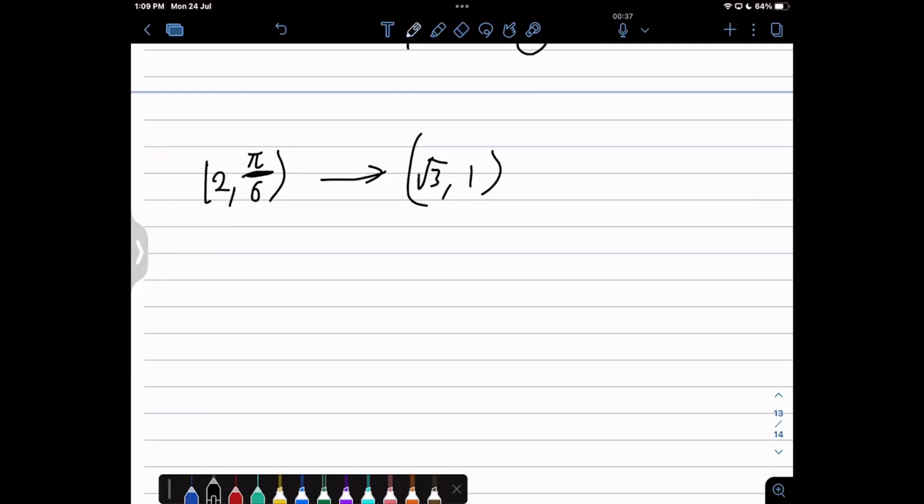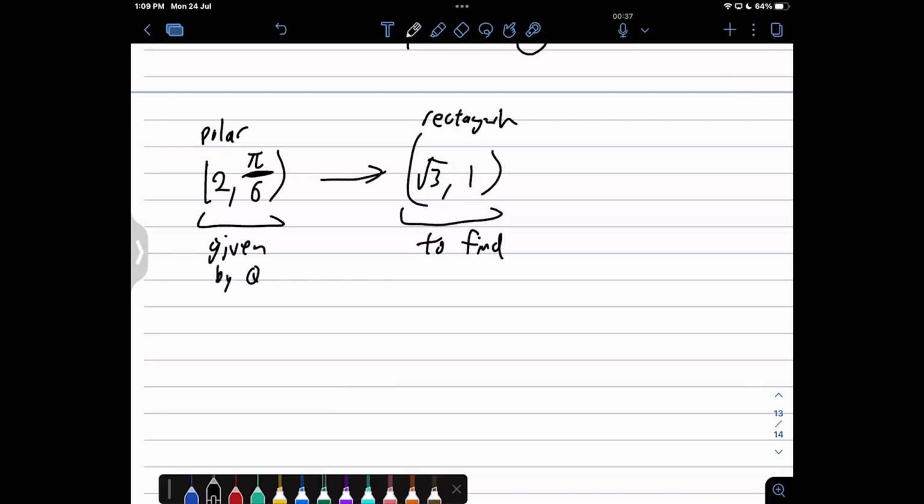Convert the point to rectangular coordinates. This is polar, they want rectangular. This is to find. This is given. You haven't watched the video, right? Nope. Okay. Go and watch that video then. We can talk more about that.